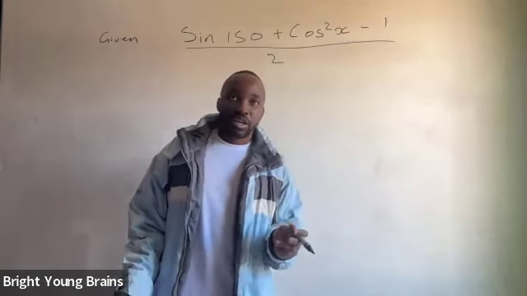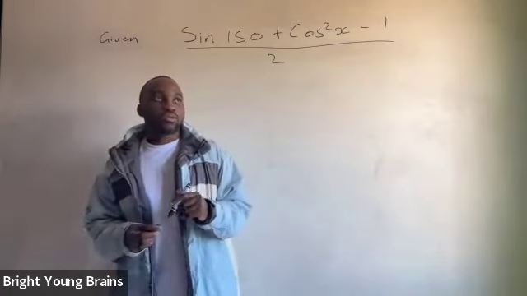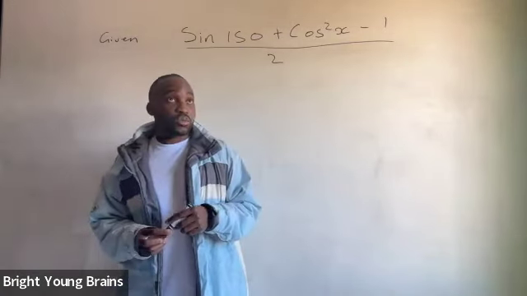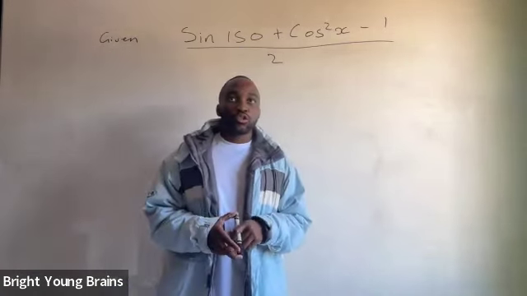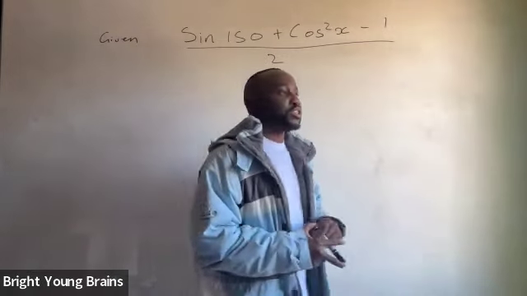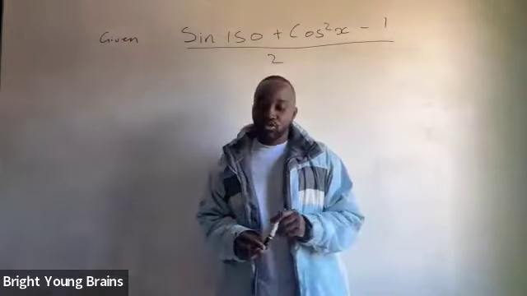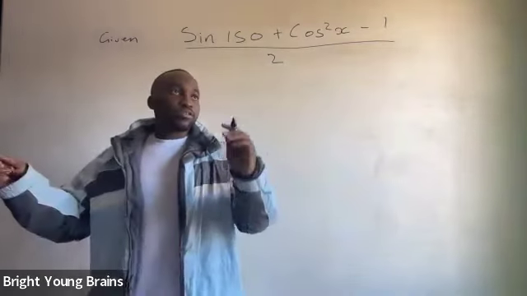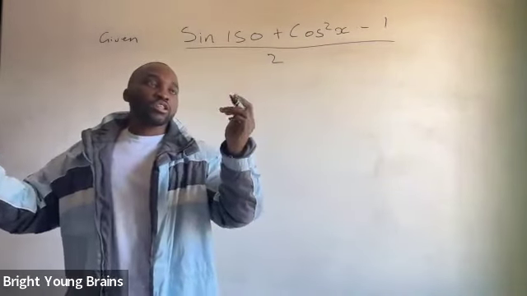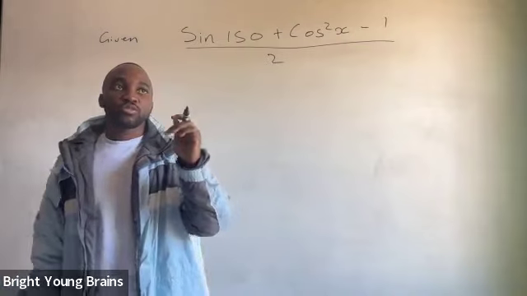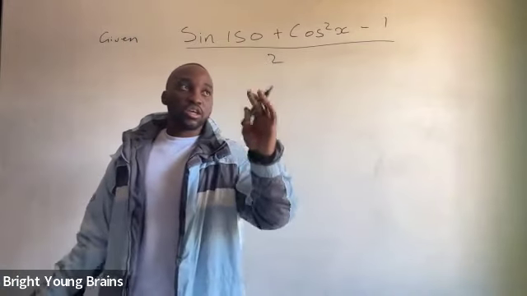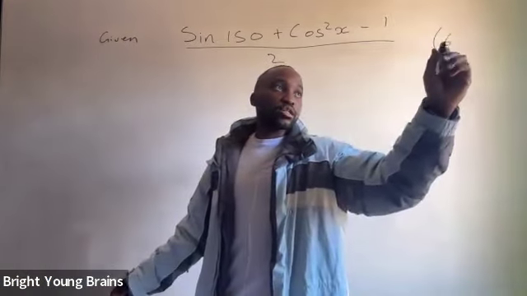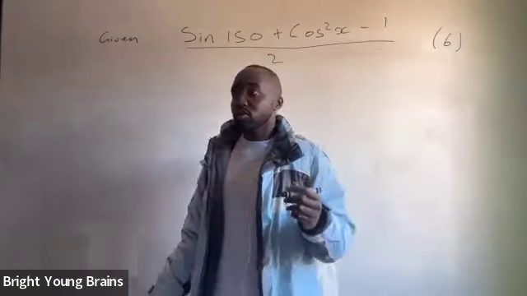As I will edit this video, somewhere on the screen I will write down the question so that we can all see it. If you're going to simplify this expression and write it as a single trigonometric term in terms of cos 2x, this from the get-go looks like a simple question, even though it's out of 6.